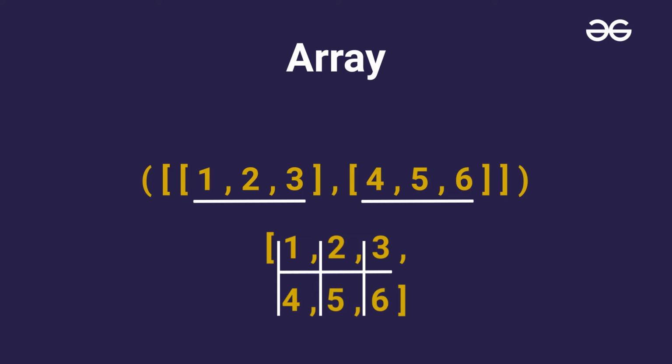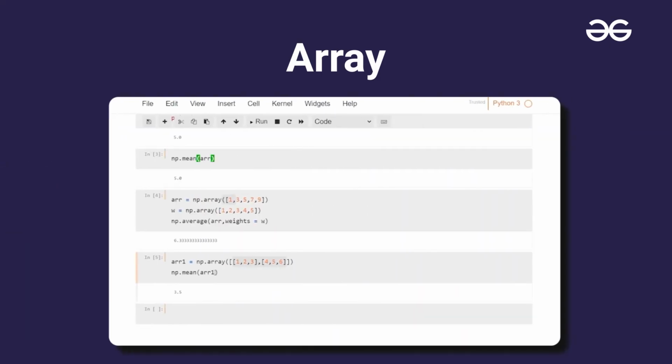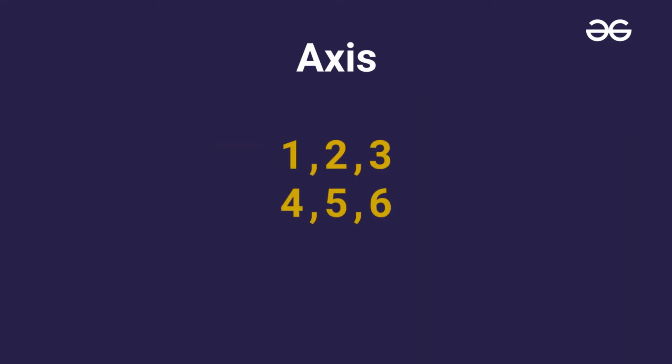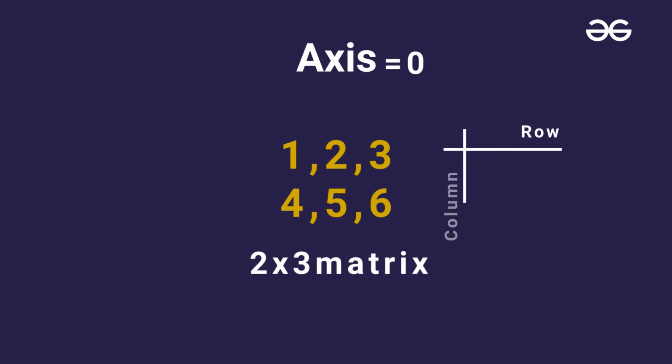In such a scenario, I would pass a parameter that is known as axis. Let me explain in a better manner. If this is my array 1 2 3 4 5 6, a 2 cross 3 matrix, and I type in axis 0, axis 0 means along the row.